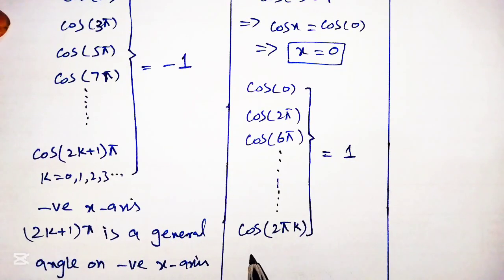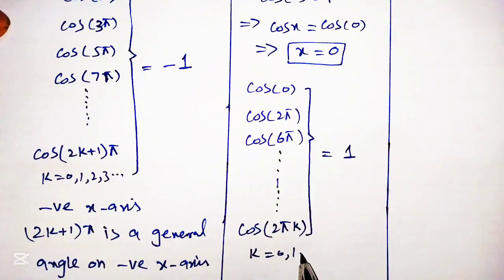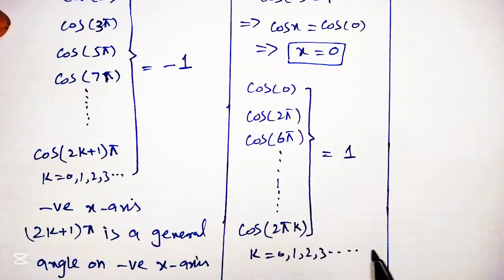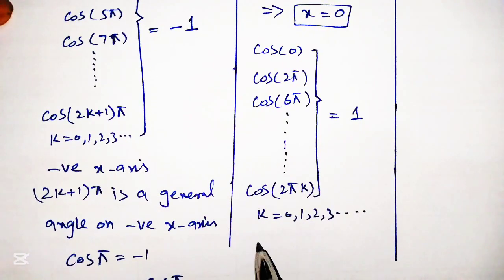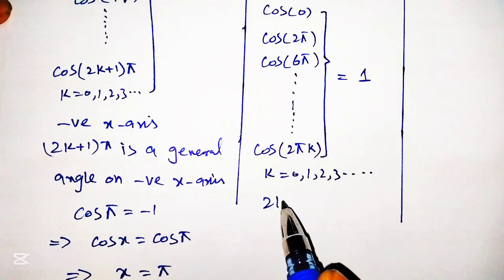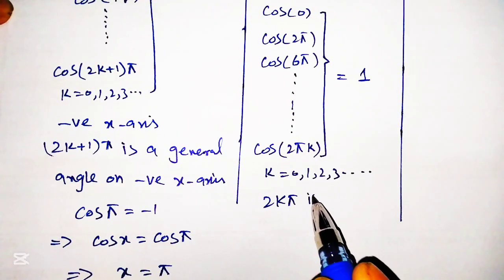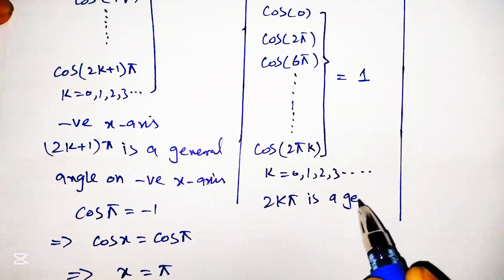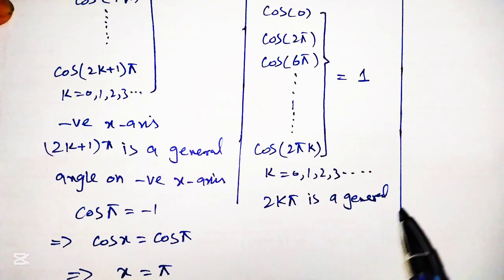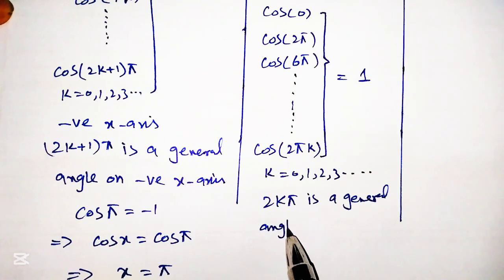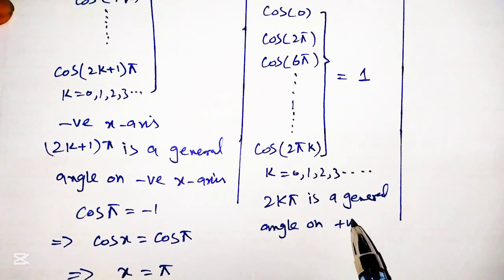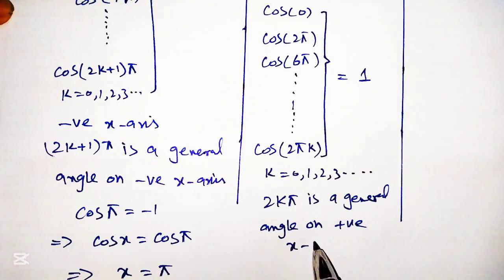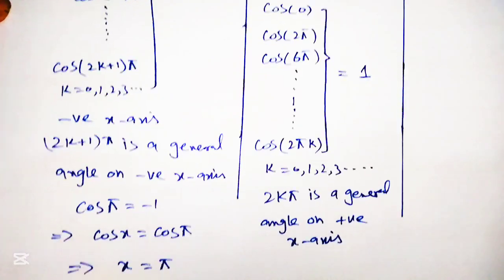Here k is equal to 0, 1, 2, 3, and so on, and this 2k pi is a general angle on the positive x-axis.